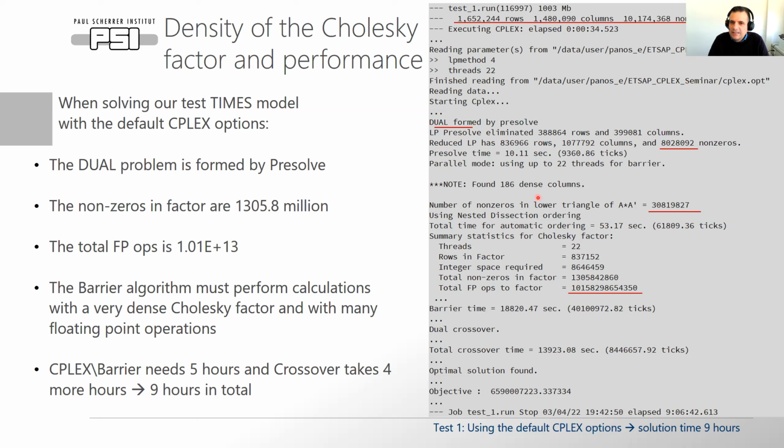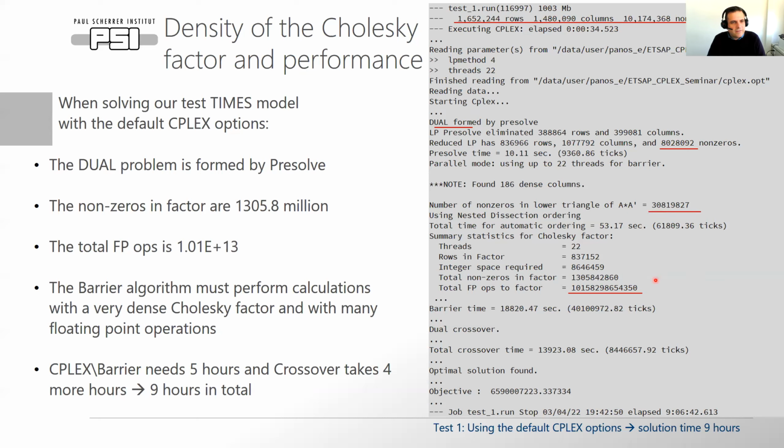Then we can see that the barrier algorithm identifies 186 dense columns, about 30 million non-zeros in the lower triangle of A multiplied by A transposed.